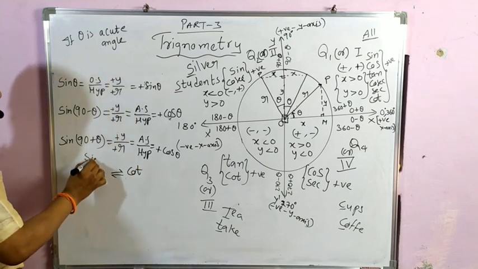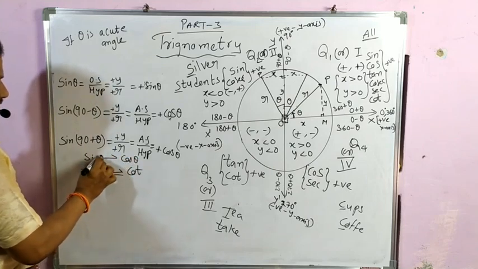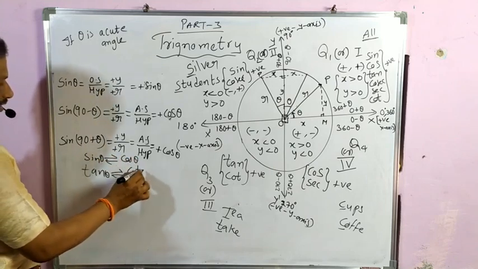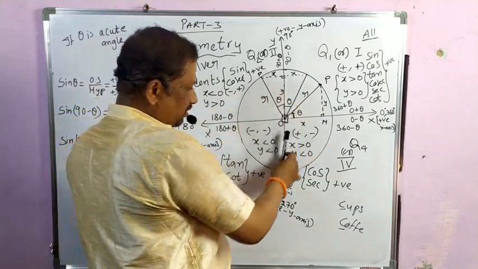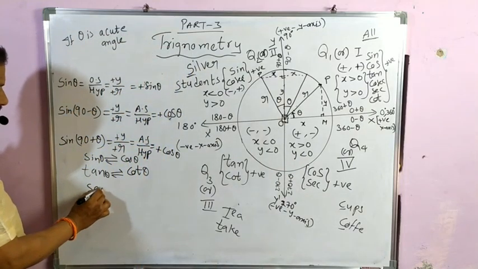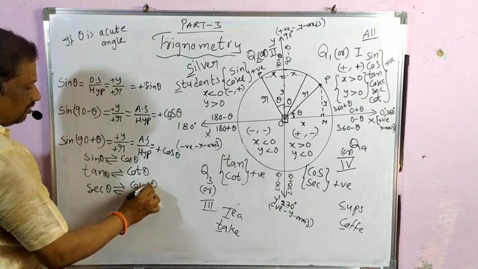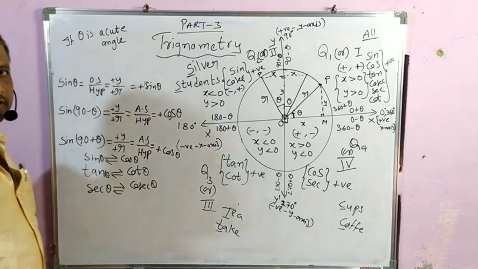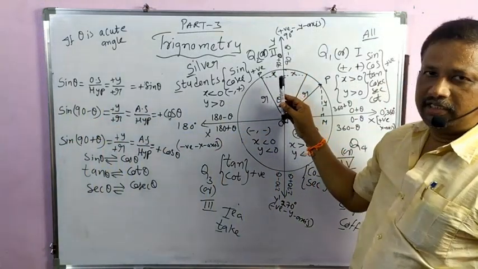Here sine becomes cos and cos becomes sine on the y-axis. In the same way, operating on the y-axis, secant becomes cosecant and cosecant becomes secant. So when you operate on the y-axis, the ratio changes.